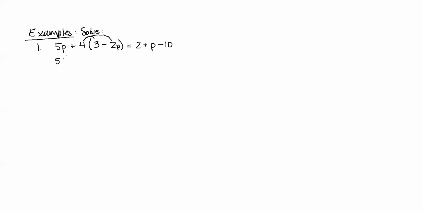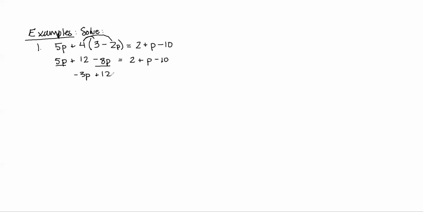So we get 5p plus 4 times 3 is 12. 4 times negative 2p is negative 8p equals, and I'll leave the right side alone for now because we have some combining to do on both sides. So we'll just do it in the same step. On the left side, we can combine the 5p minus 8p, which gives us negative 3p plus 12.